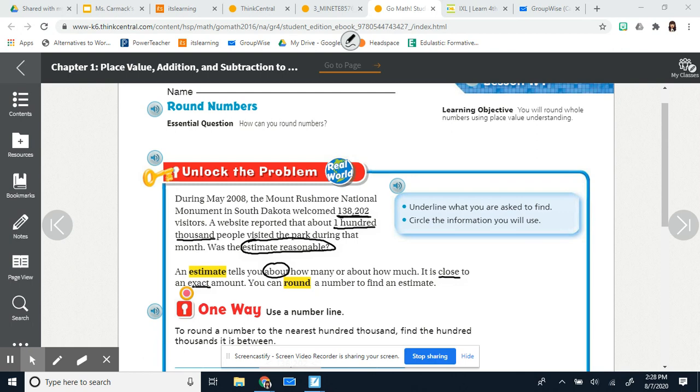You can round, it's highlighted for you in yellow, a number to find an estimate. So you're going to see in just a second what that looks like when you have a round number. Okay, I'm going to erase all this before scrolling down.